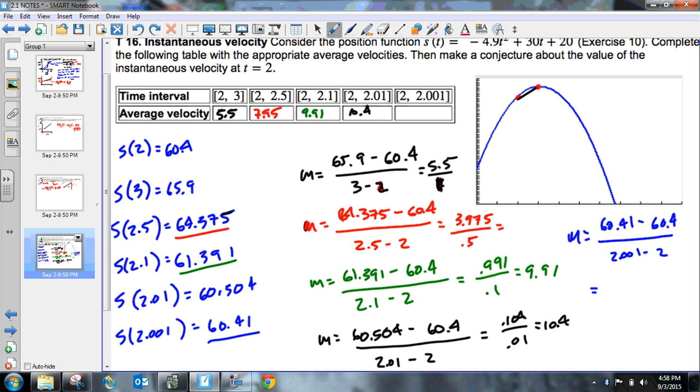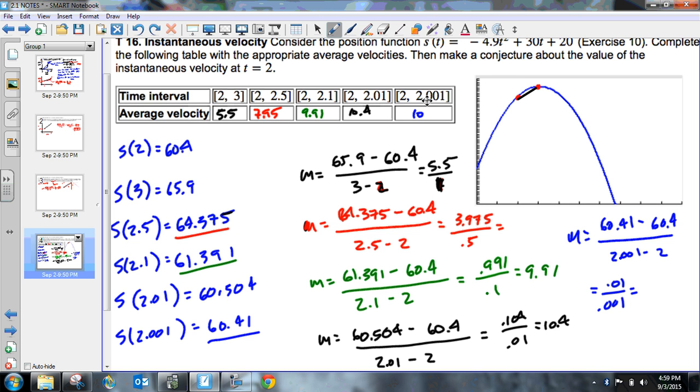I am not perfect, but I try. Okay, I get 0.01 divided by 0.001, which just gives me 10. Okay, I think I did this right.